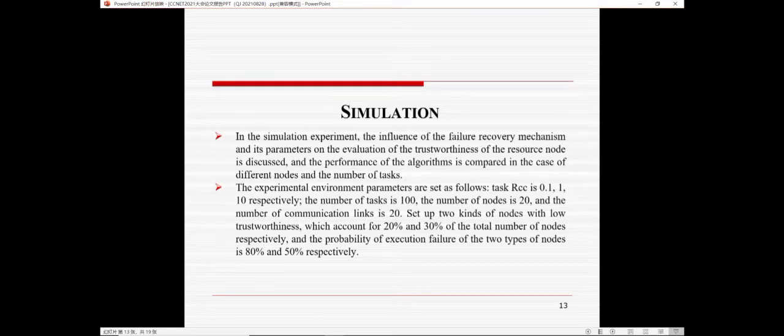And the performance of the algorithms is compared in the case of different numbers of nodes and tasks. The experiment environment parameters are set as follows, just as on the slide.